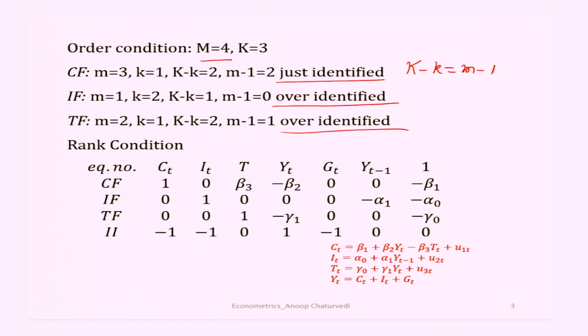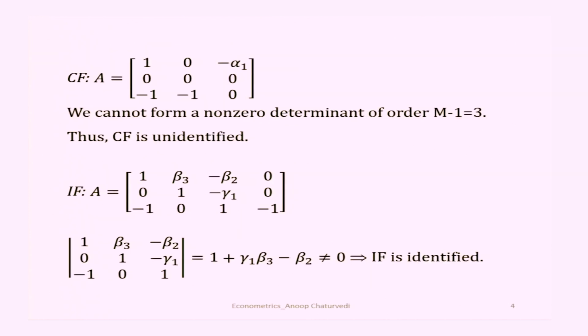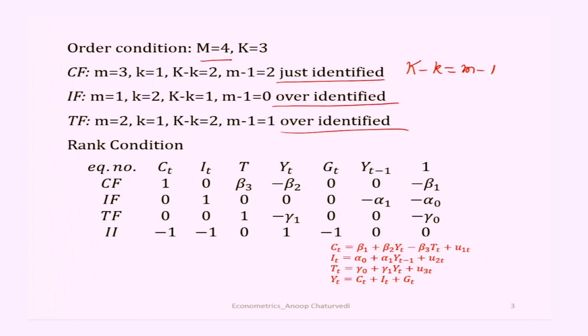Now, we check the rank condition. So, we write the coefficients in this tabular form. Then for the first equation, the matrix A is of this form. We obtain the matrix A by deleting the rows and columns.